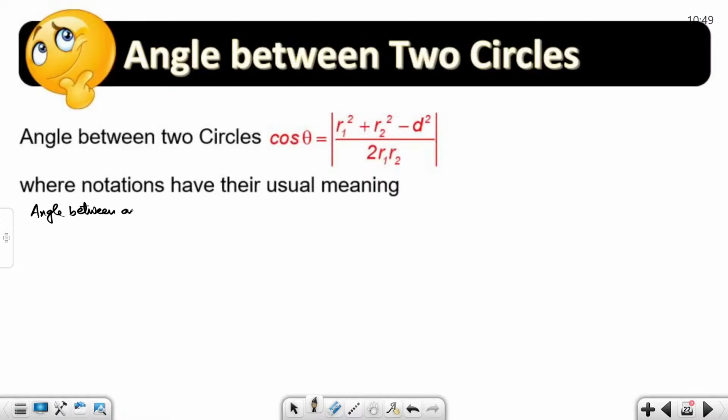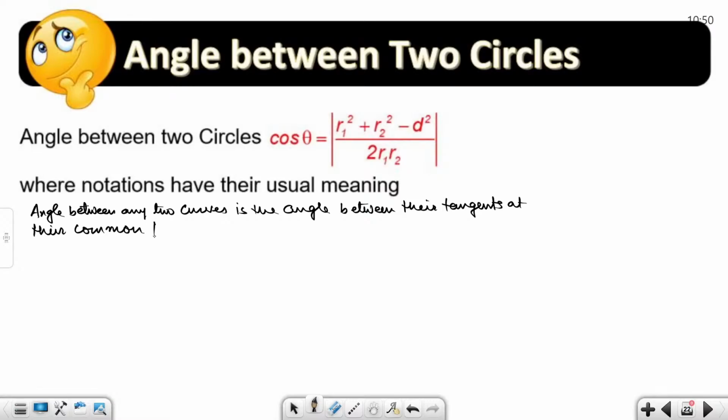So the angle between any two curves is the angle between their tangents at their common point of intersection. Am I correct?